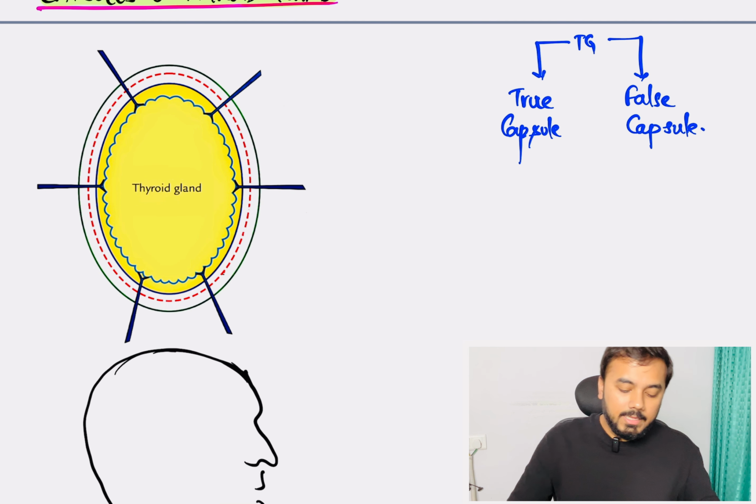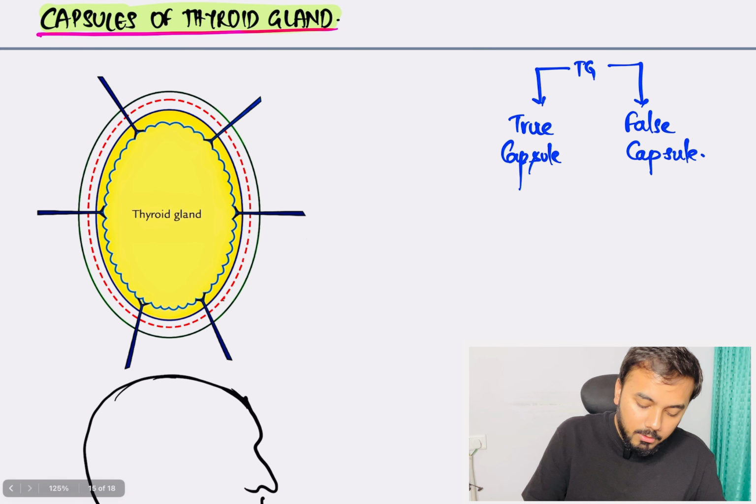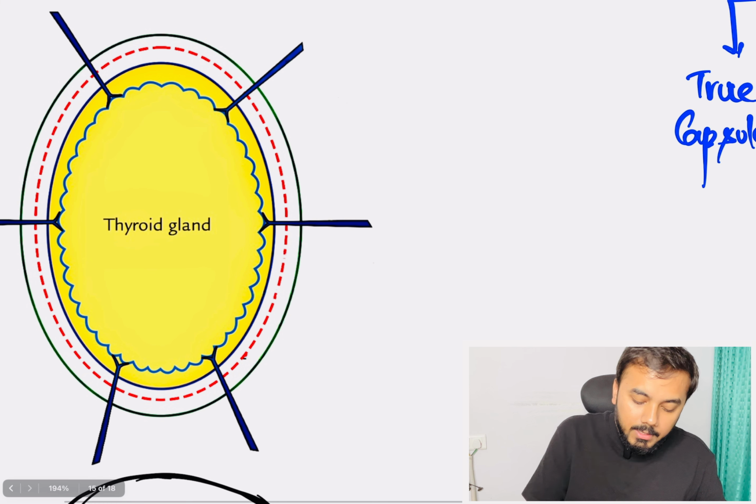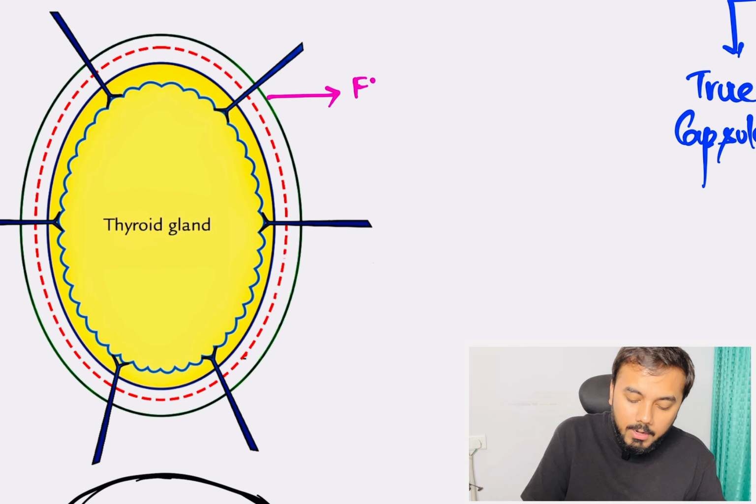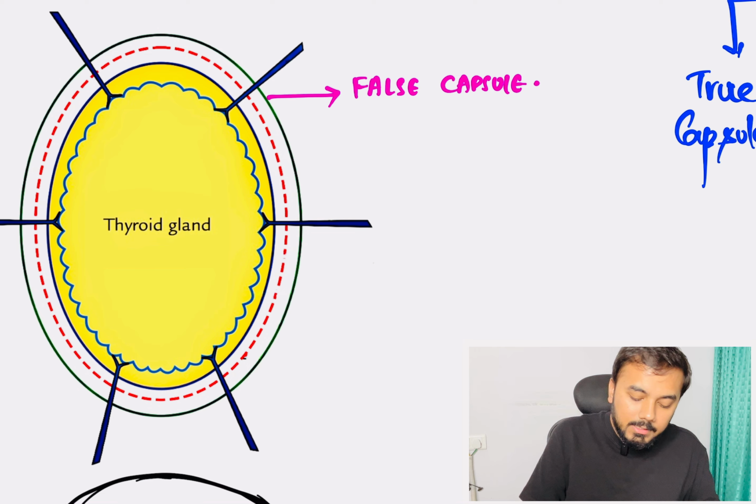So you can see this particular thing over here, let me zoom it up. You see this green color outline over here, this is called your false capsule. And next, the innermost one is called your true capsule. So this is your true capsule.